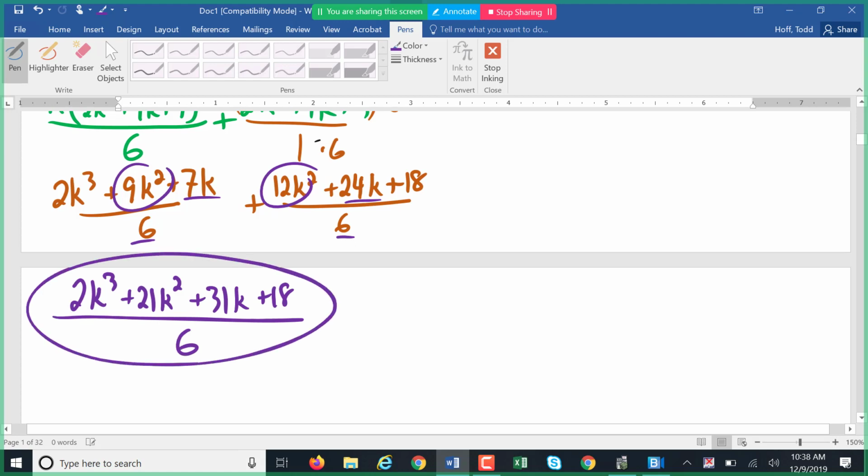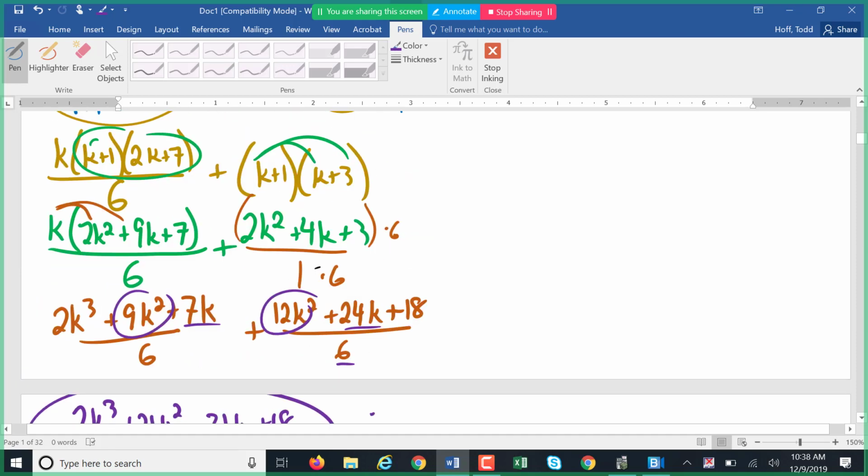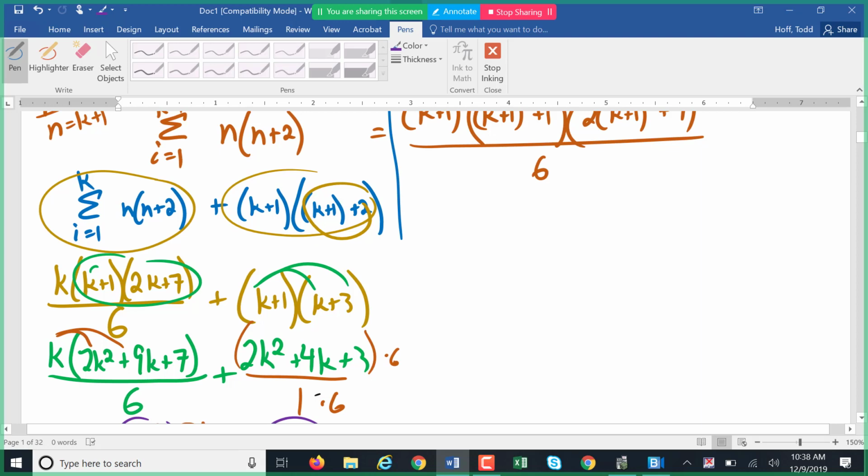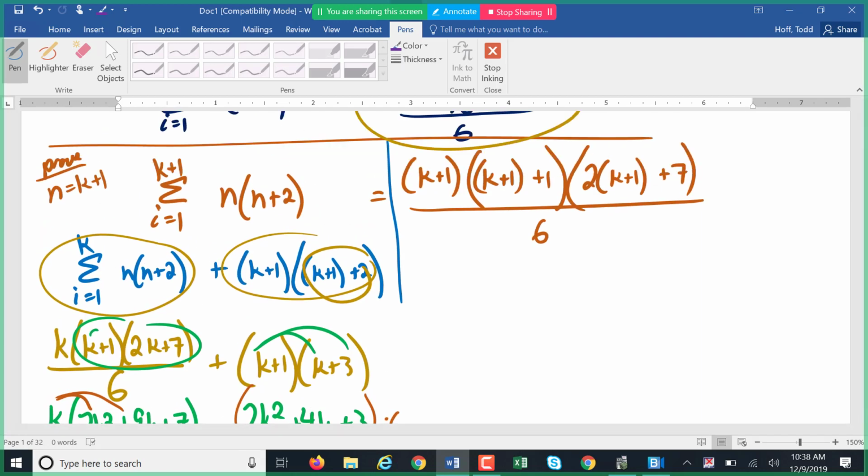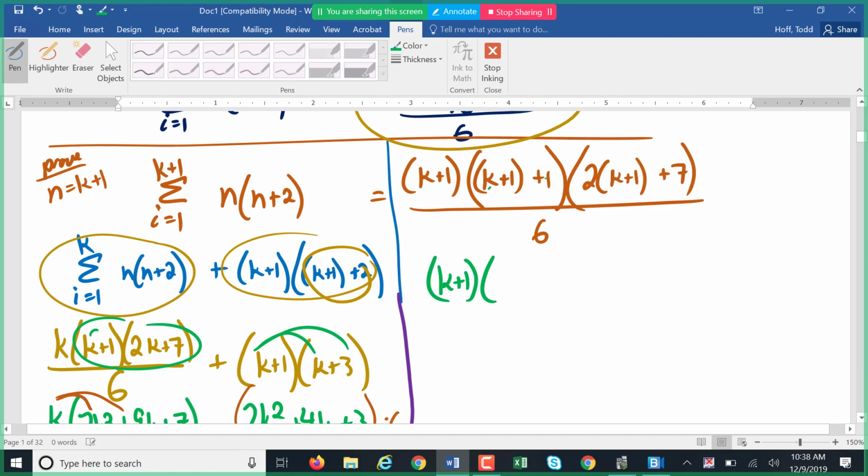So again, a lot of algebra there, a lot of symbol manipulation. Let's see if we get the same thing over on the right side. First thing I'm going to do is combine within each set of parentheses here. So the original k plus 1 here isn't going to change. k plus 1 plus 1 is k plus 2. Here I've got 2 times k plus 1. Well, that's going to be 2k plus 2.